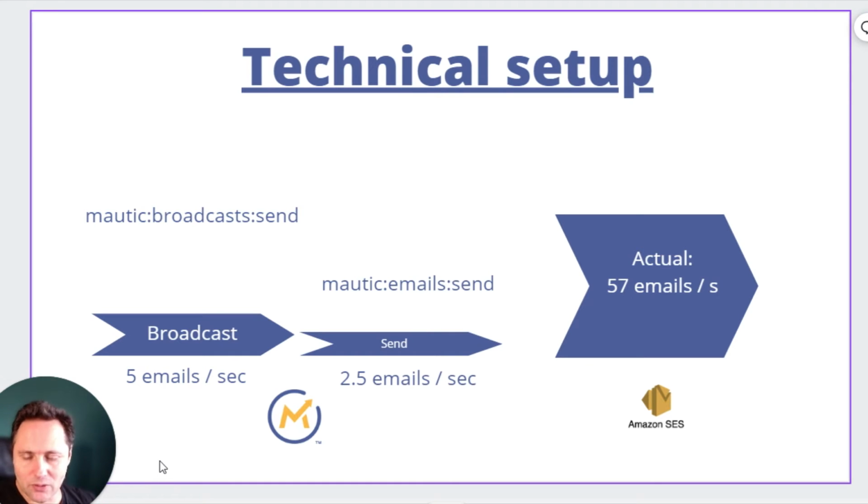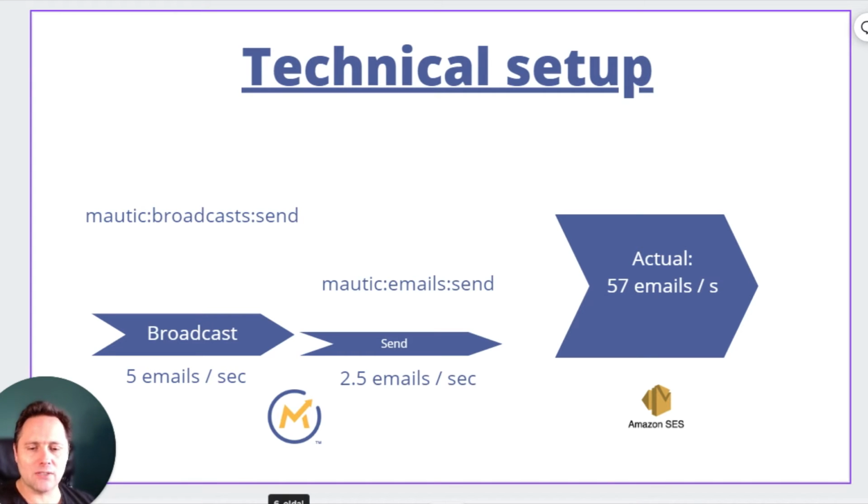By default, the broadcast would be like 5 emails per second, and your Mautic send 2.5. So as you see here, the bottleneck is really the sending. If you run your broadcast and your send simultaneously in the background, you will end up with the broadcast finishing twice as fast as the email send. So you will still be sending emails out. This is not what we want.